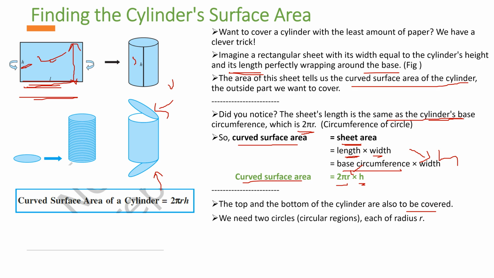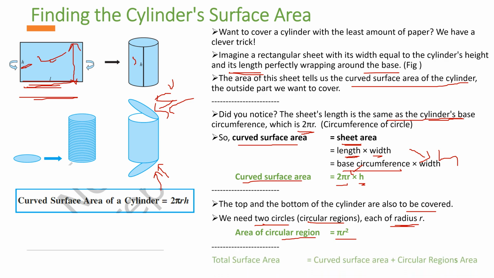So it means we need two circular regions, each of radius r, correct? The area of a circular region, a circle, is pi r square. It means we need two such regions, each with pi r square area, right? There are 2 pi r square now required. Add them both to the curved surface area.